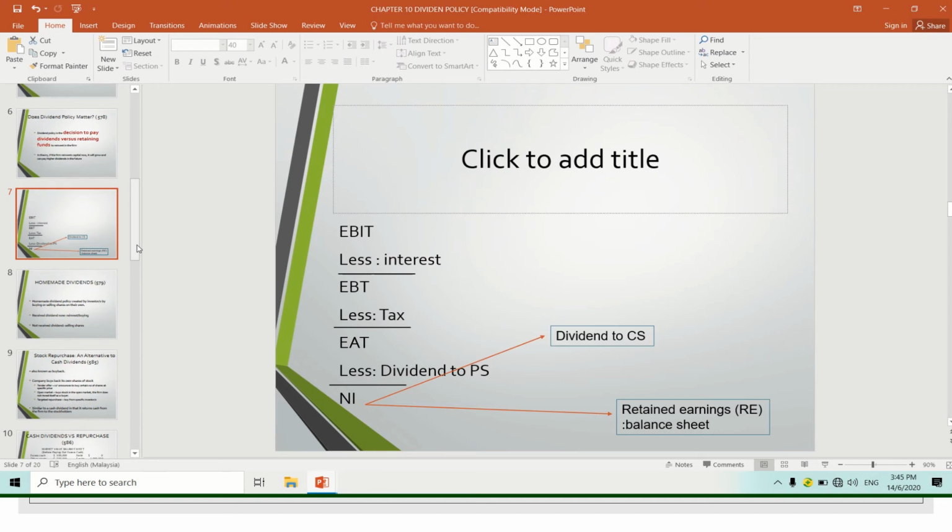But some companies prefer to give smaller dividends, but consistent. If you look, most companies don't give much dividend, from 15 sen to 5 sen.